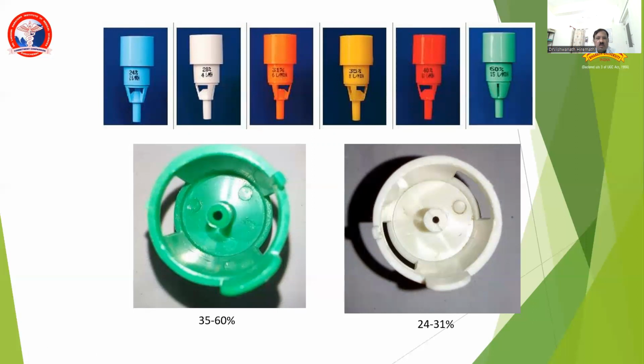They are color coded: orange 31%, yellow 35%. The adjustable Venturi device can provide 35 to 60%. The other adjustable Venturi device can provide 24 to 31%.